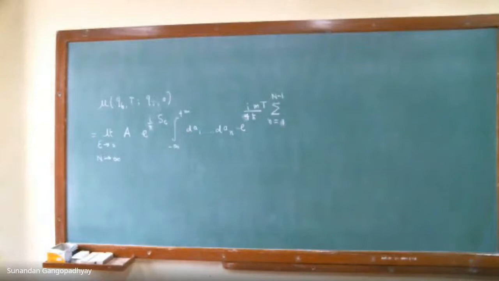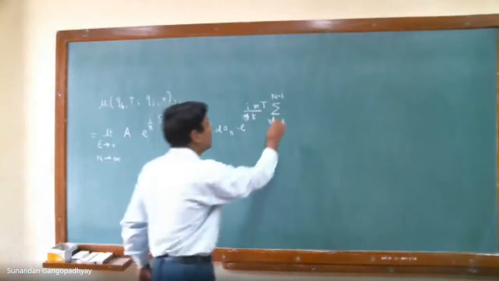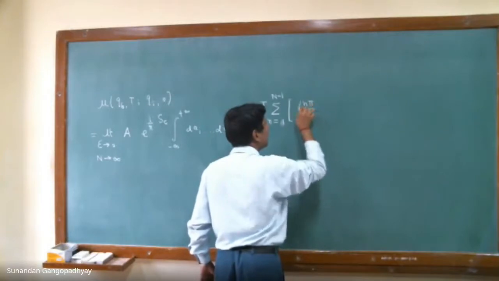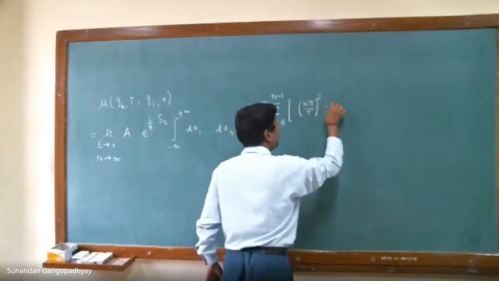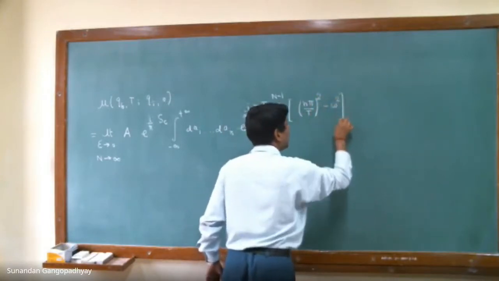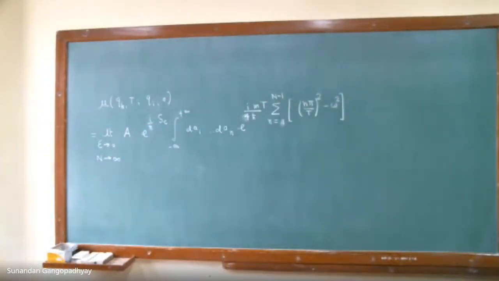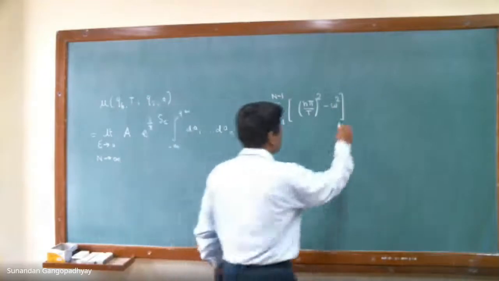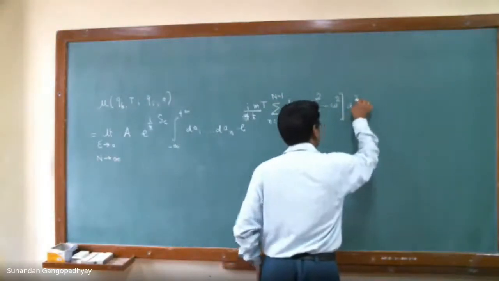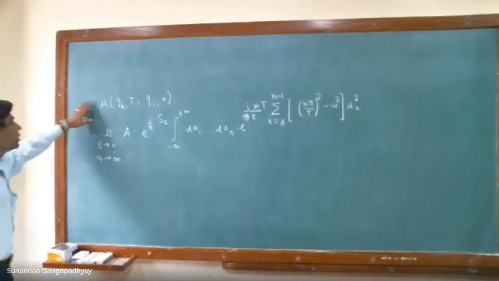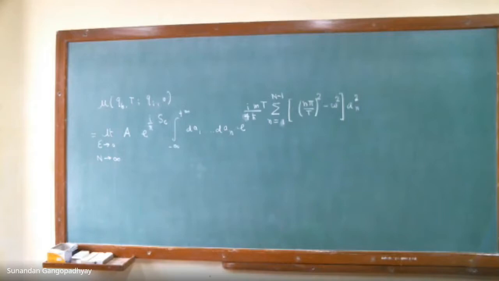And then we had (n pi by T) whole square minus omega square, and then we had A_n square. So this was the expression that we got after evaluating this propagator.